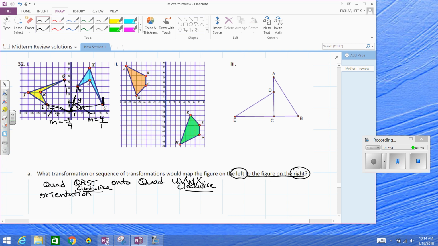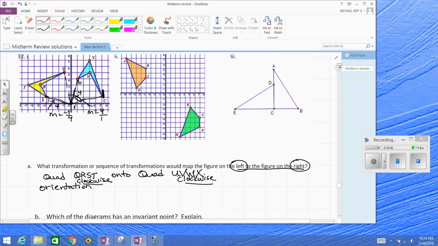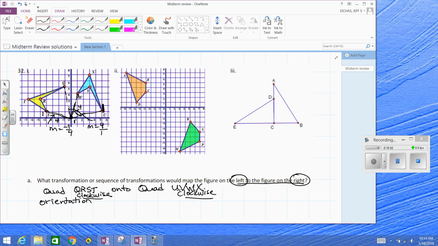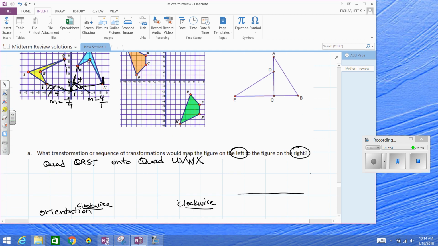So, all right, what I'm going to do is a sequence of transformations for this one. I'll get some space here. All right, I'm going to satisfy part A. So for this one, part A, I would rotate the quad QRST 90, no, negative 90 actually.